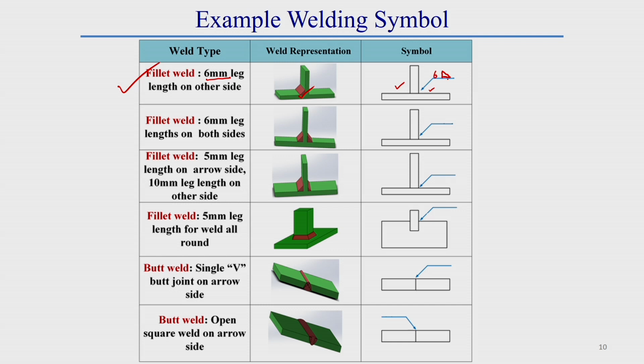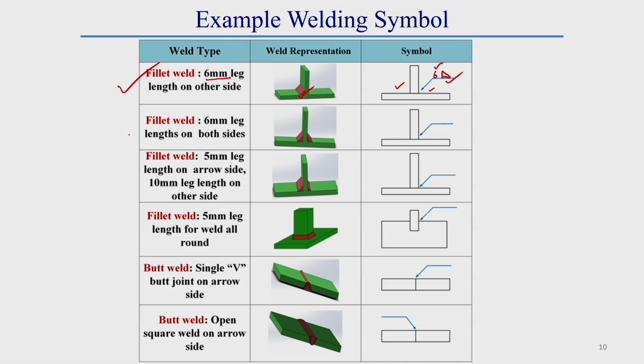So the symbol will be the triangular shape and the number 6 on its left side. By seeing these two symbols, we can easily do the welding operation on the other side, with a leg length of 6 mm.